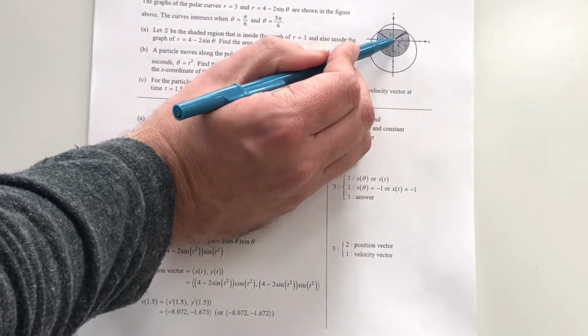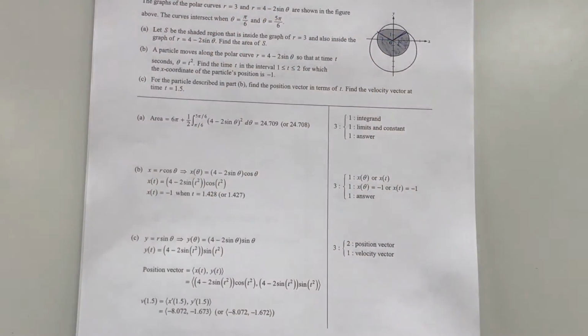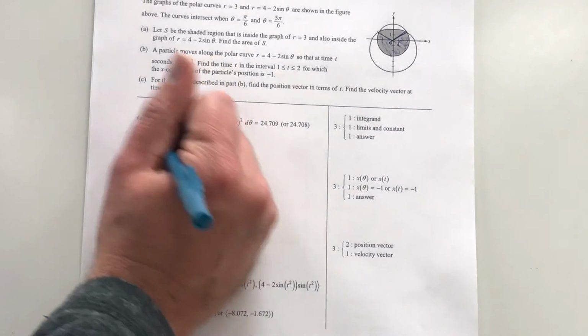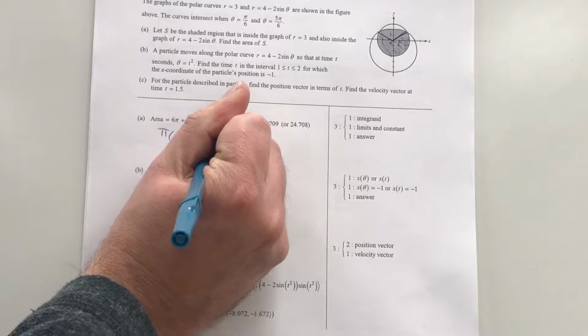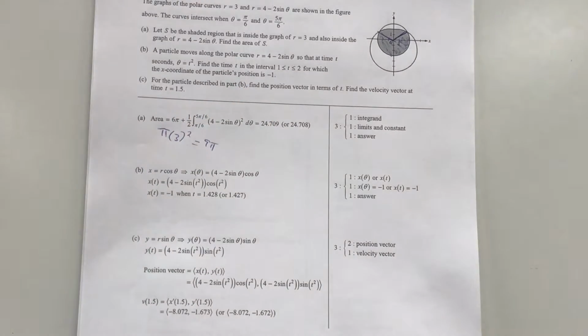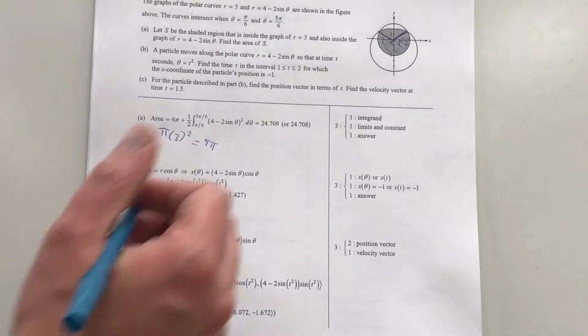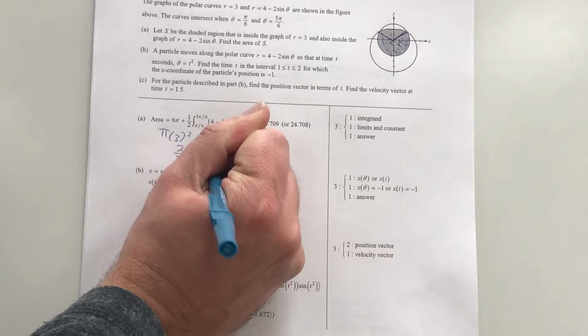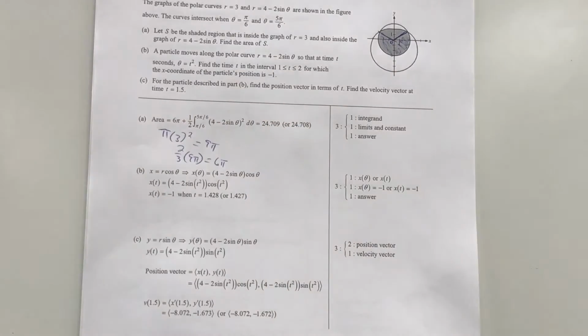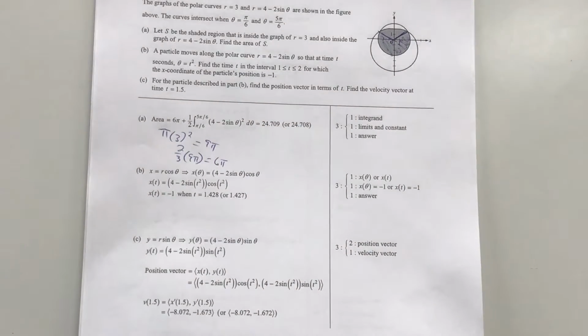And so the area of the whole circle, pi r squared, would be 9 pi. What we end up with in this problem is 2/3 of that circle. 2/3 of that 9 pi, and that's a geometry statement there. We're seeing 2/3 of that circle.